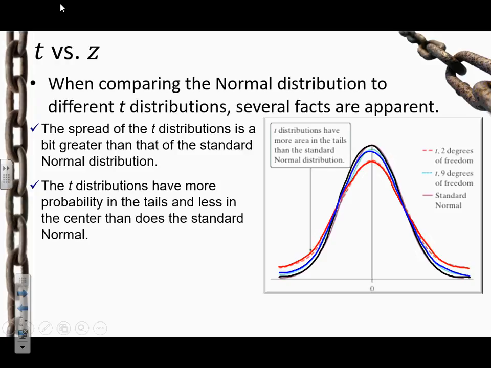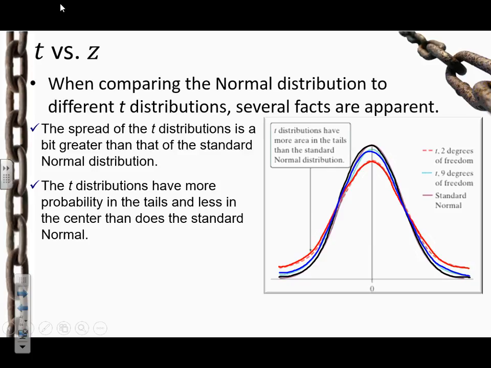In fact, if I were to continue that progression, to 20 degrees of freedom, and then 40, and then 50, what's probably going to happen? Eventually it's going to become a normal distribution. So the t distribution will eventually, given a large enough sample size, become essentially a normal distribution.